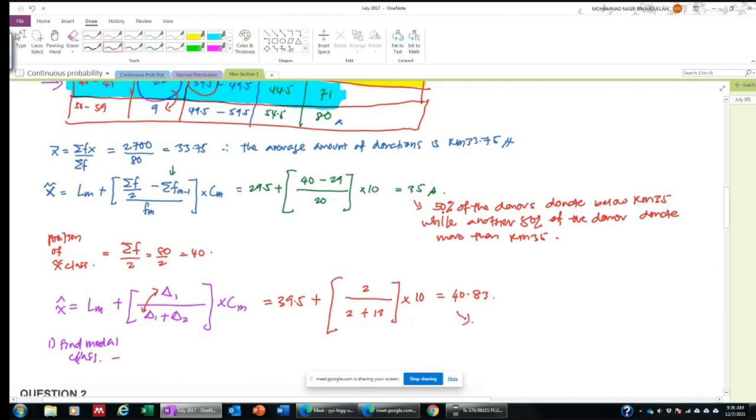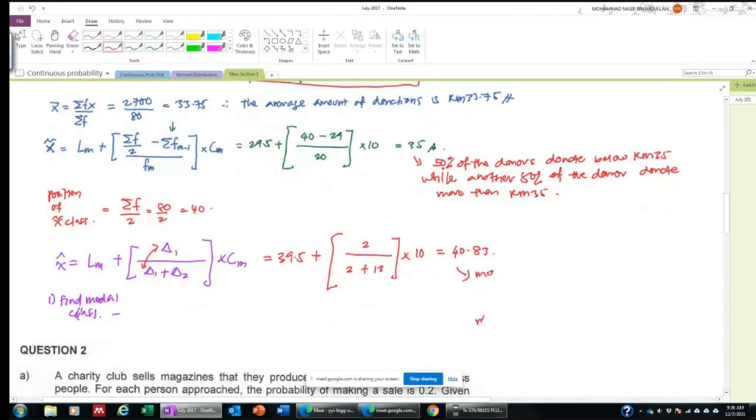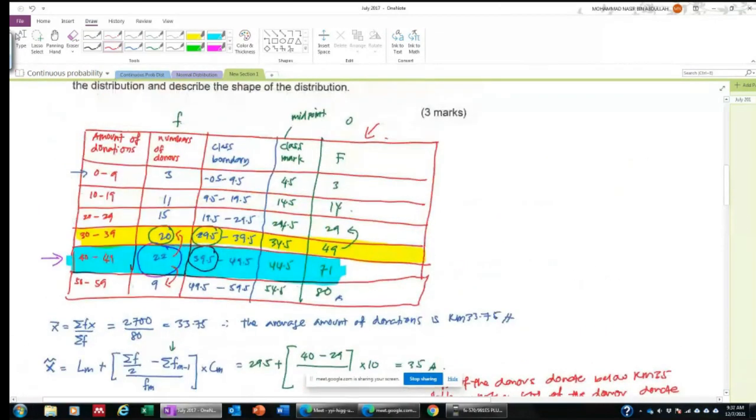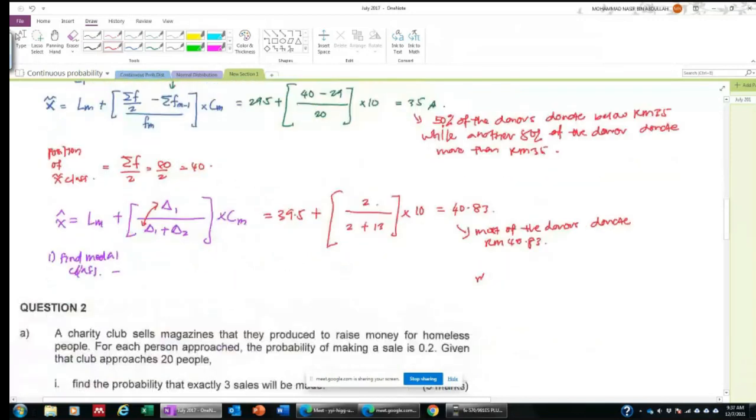So for most of the donors, they donate RM 40.83. Right. This is how we interpret the value of mean, median, and mode.